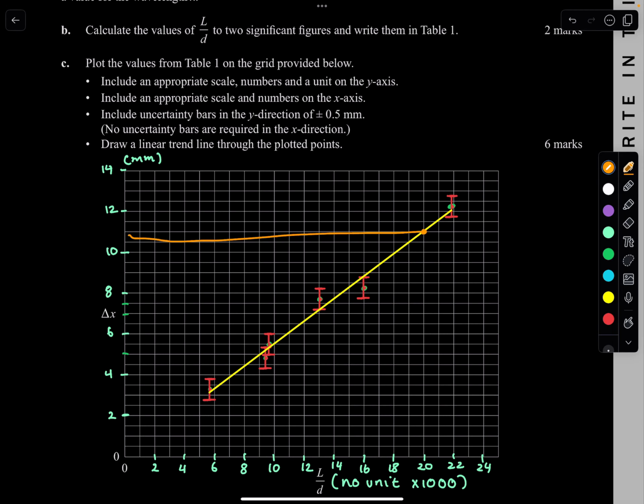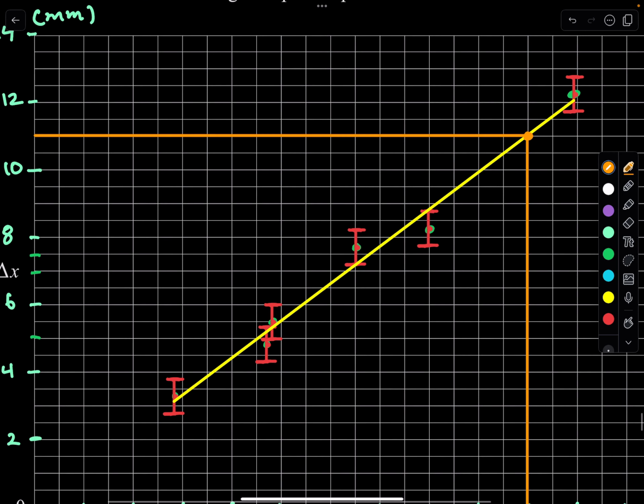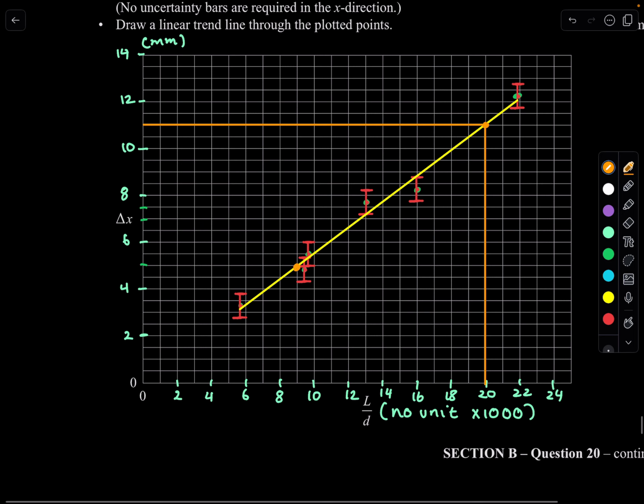So that to that. Another point that lies on the graph looks like basically this point here, which is here to here, and that is it.